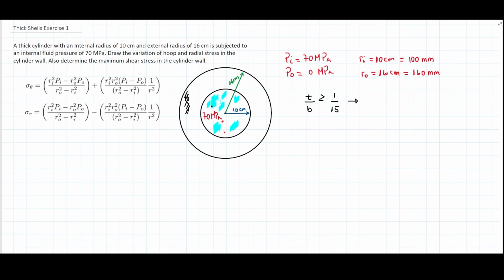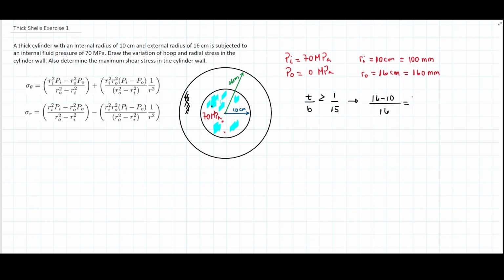The thickness of the wall is just the difference between the outer and inner radius, so it's 16 minus 10 centimeters, and we can leave it in centimeters, divided by 16.